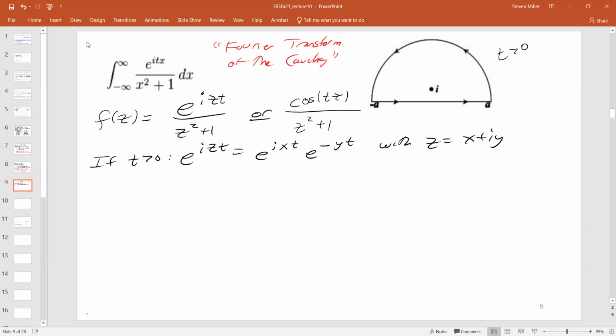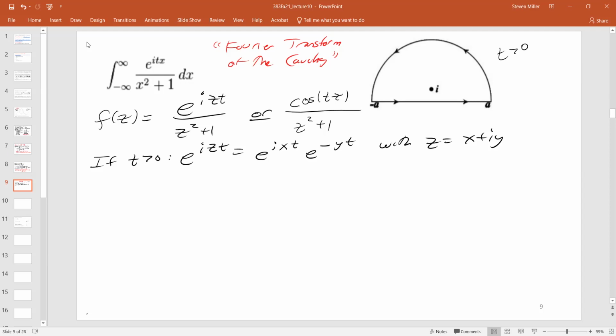So what would you do if t was less than 0? One option is to use the lower semicircle, or the other is to say, let me just replace t with negative t. Because if you look at this as cosine of tz over z squared plus 1, if I just replace t with negative t, I don't change the value of the integral.